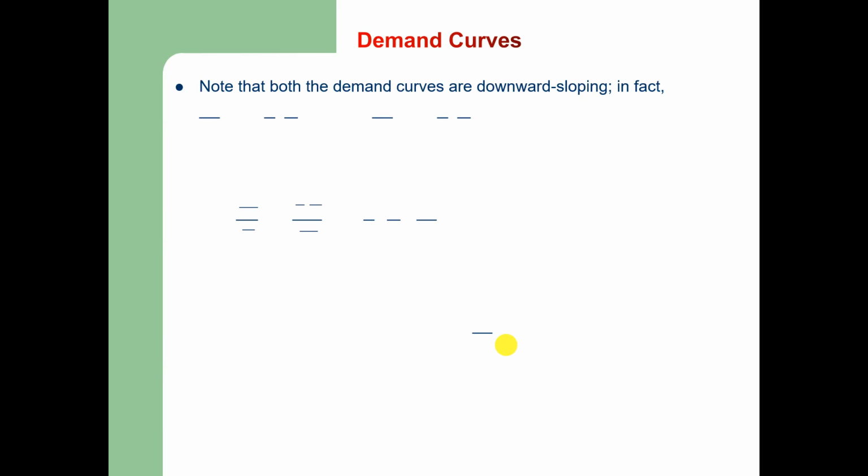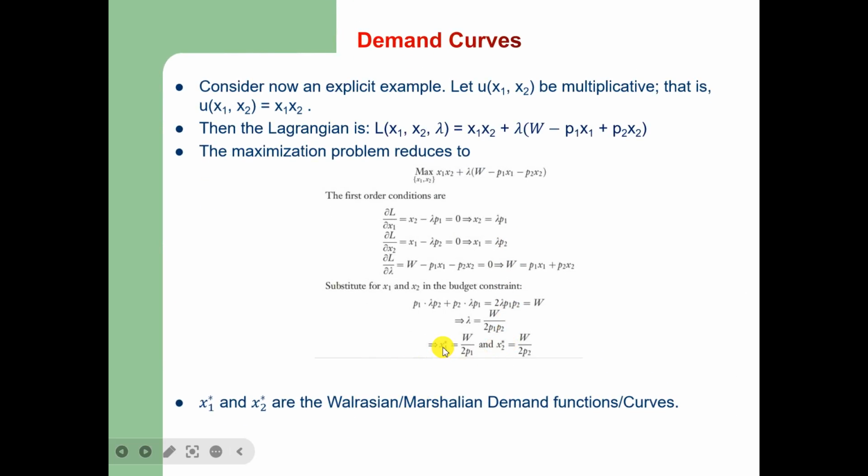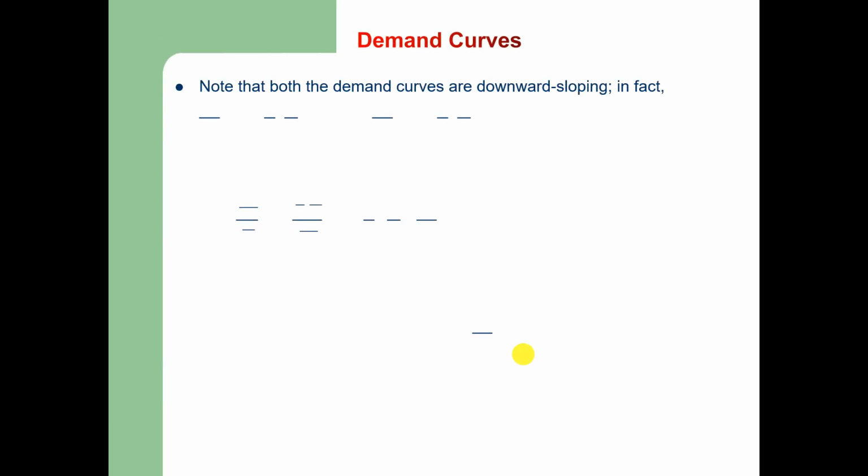are downward sloping? From the previous page, if you take the partial of x1 star with respect to P1, and if you take the partial of x2 with respect to P2, then we may prove that these must be downward sloping.